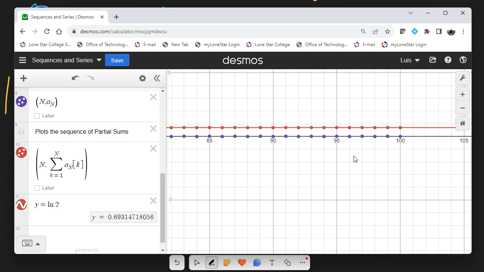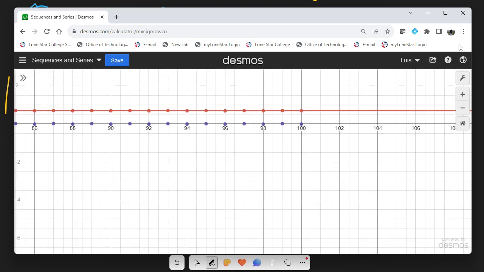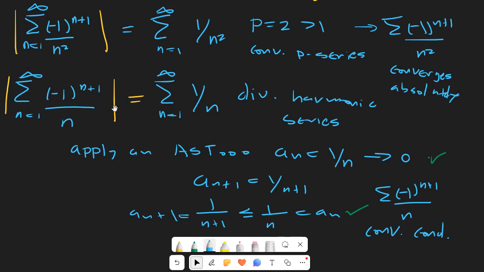See how 0.688 and then 0.6931, etc. It's not really a good estimate necessarily, but if we can make n bigger, then maybe we can lower the remainder. So we can see that this, in fact, is converging to the value of natural log of 2, and that the sequence of terms are going from positive to negative, but they're approaching 0 in either case. So what would we say? We would say that this converges conditionally.